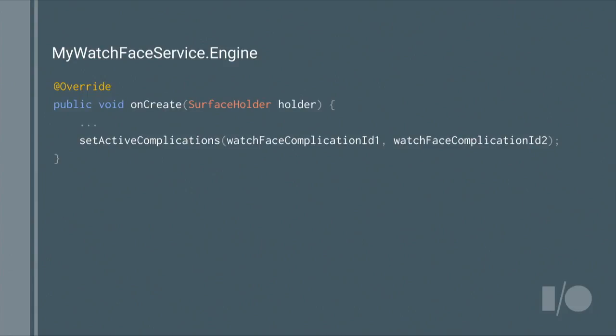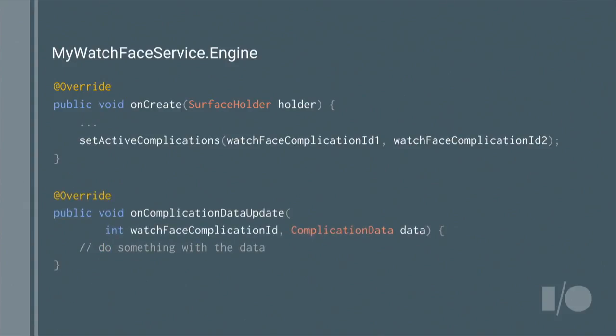Here we're showing it done in onCreate of the engine. That's usually a good place to do it, but you can call this method from elsewhere, for example, if the active complications change. Once you've done that, you will start to receive data in calls to the onComplicationDataUpdate method.